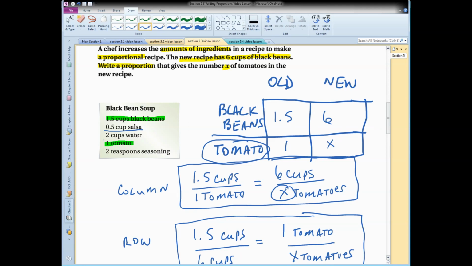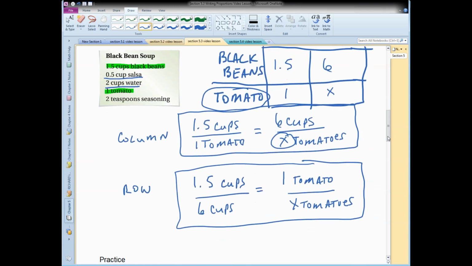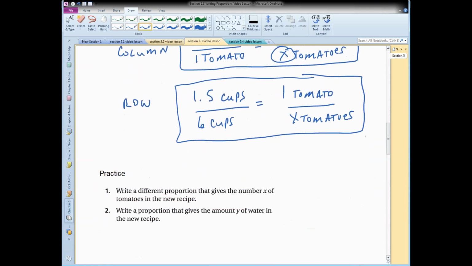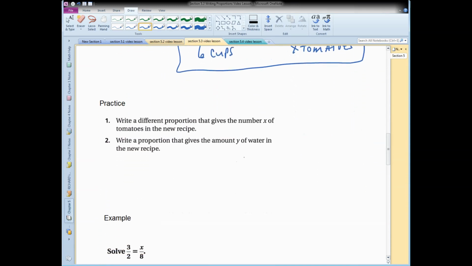Because we know in our original recipe, we need 2 cups of water for every 1.5 cups of black beans. So let me make a table here that has black beans and the amount of water.